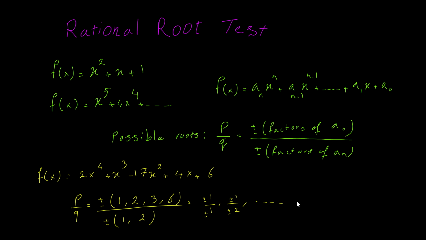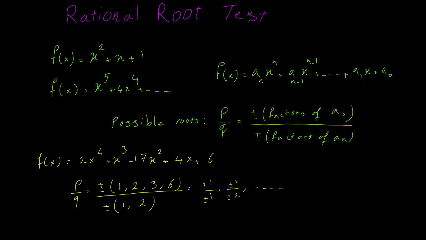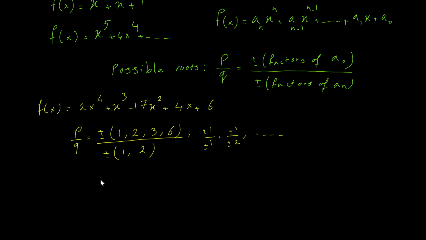At the end, we write them out, eliminate the duplicates, and we get 1, negative 1, 2, negative 2, 3, negative 3, 6, and negative 6. Then we have 1/2, negative 1/2, 3 over 2, negative 3 over 2.